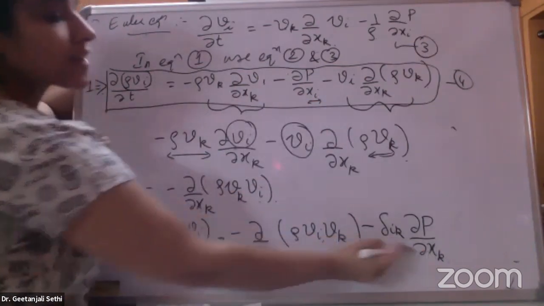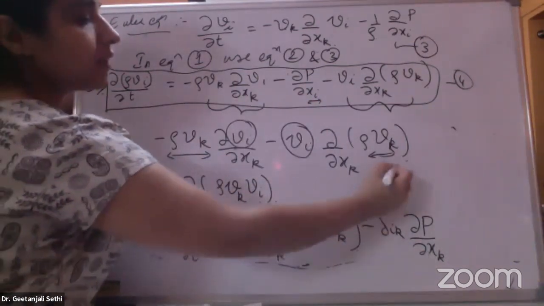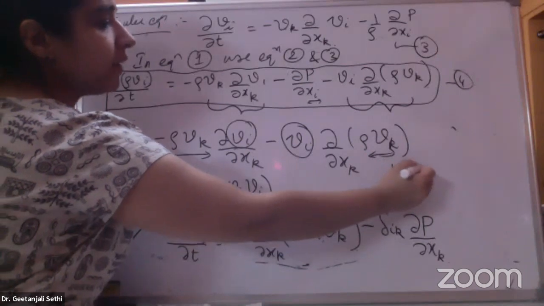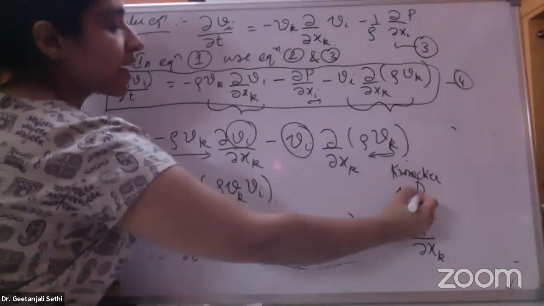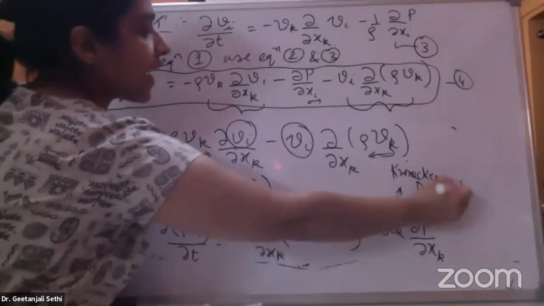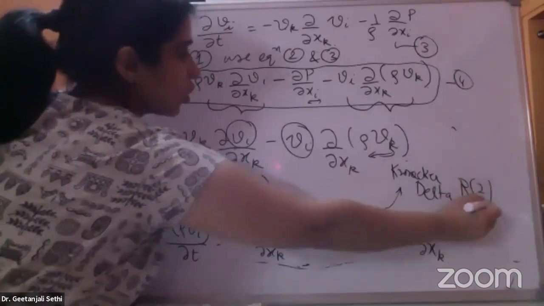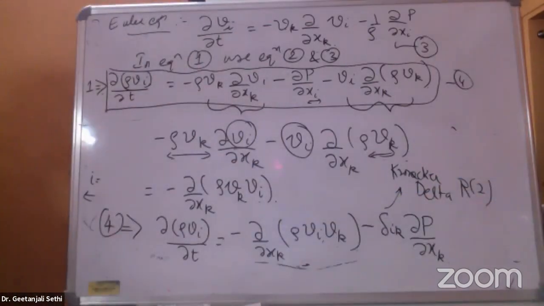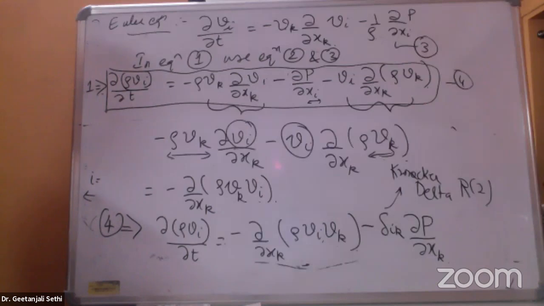I change it to xk using what I call a Kronecker delta. You know Kronecker delta is a tensor of rank 2, whose components do not change or remain the same when you go from one frame to the other.